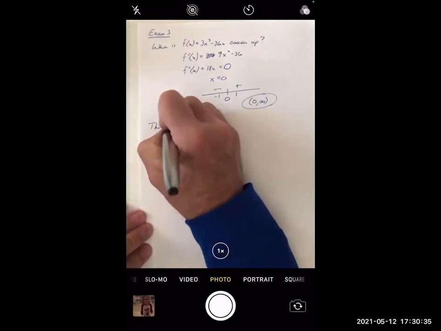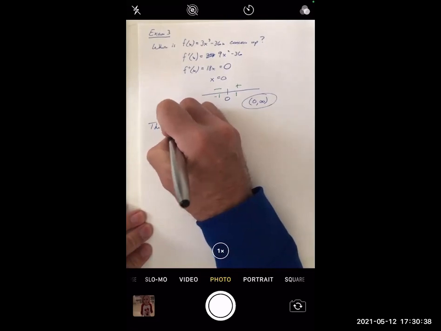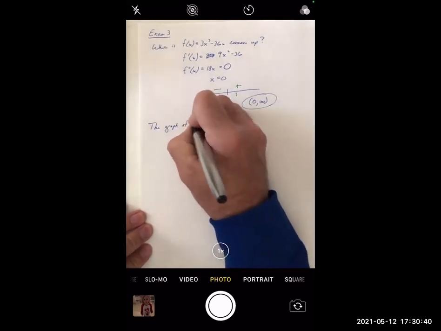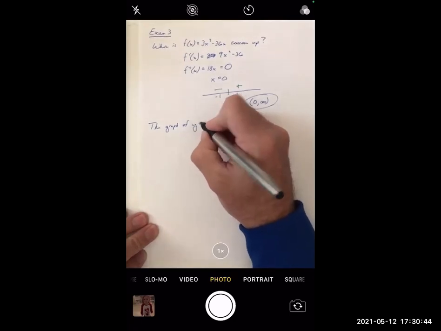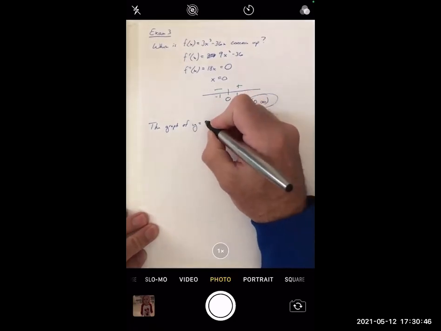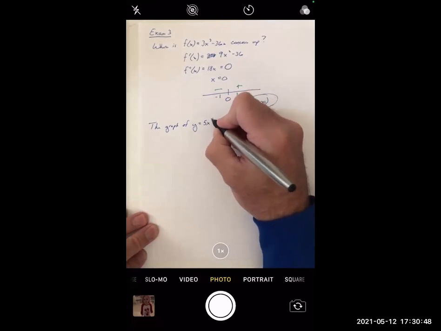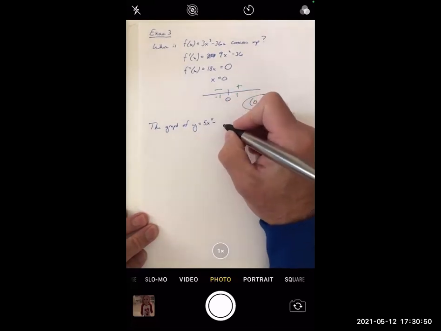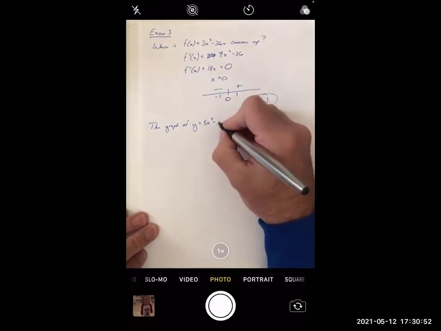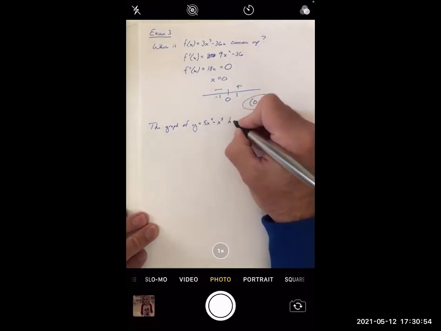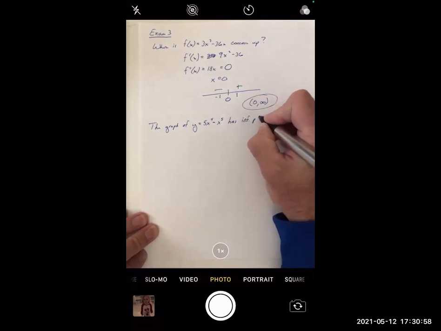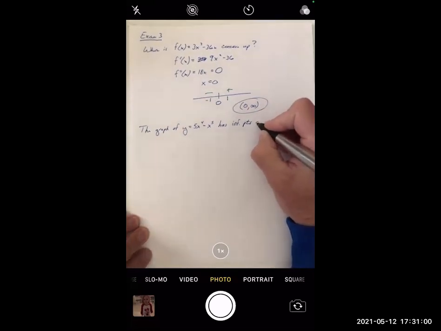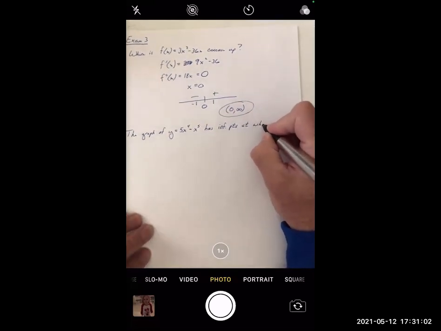All right, let's try this one. The graph of y equals 5x to the 4th minus x to the 5th has inflection points at what x values?